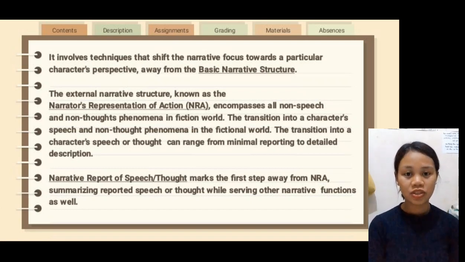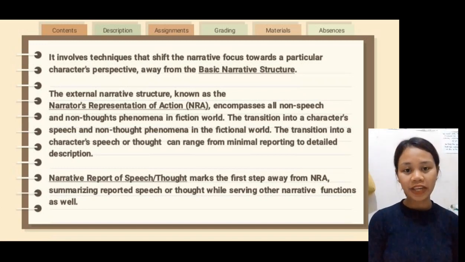The transition into a character's speech or thought can range from minimal reporting to detailed description. So the NRA, or representation of action, basically means all the parts that are not speech or thought in the story. This is like the background action.